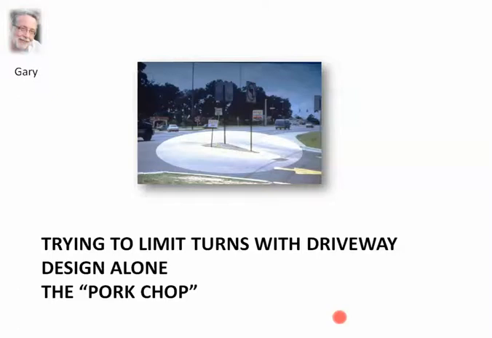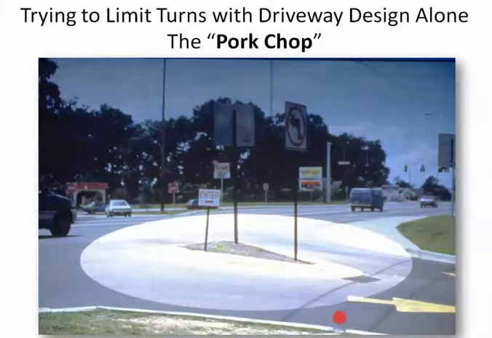And medians are expensive, medians are unpopular, so why not just put a pork chop and a sign, and then this way people won't turn left out of driveways. Problem solved. It's cheap, and the only problem is it may not work too well. So trying to limit turns with driveway design alone is an iffy situation here.